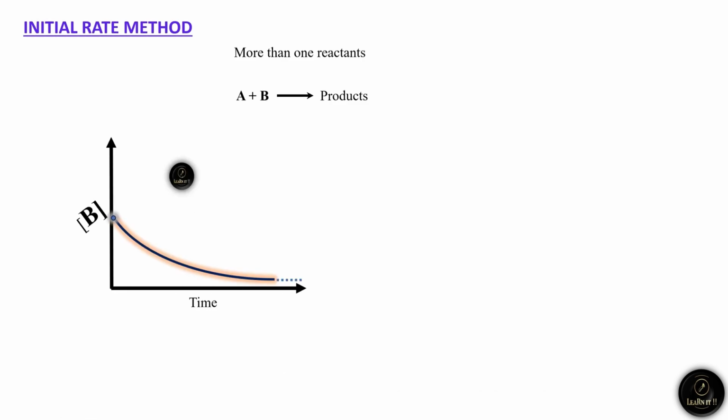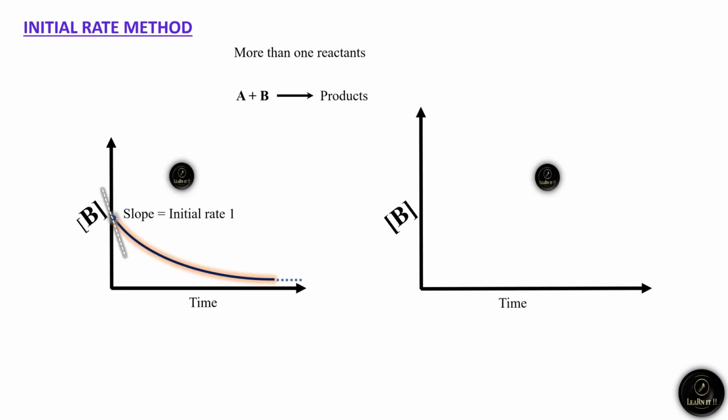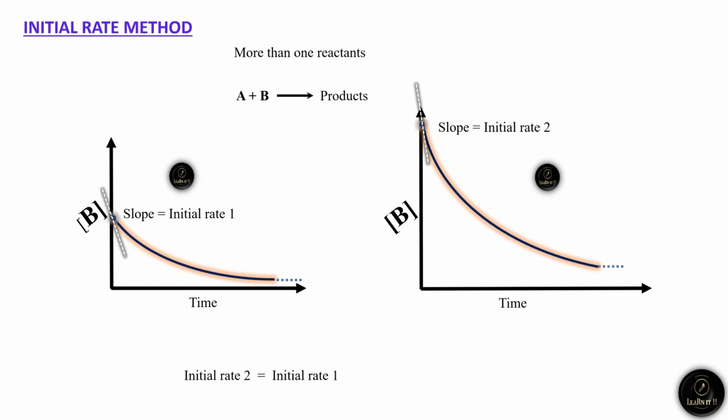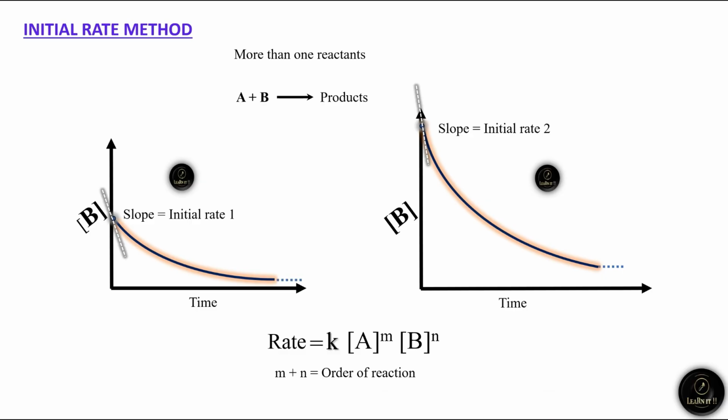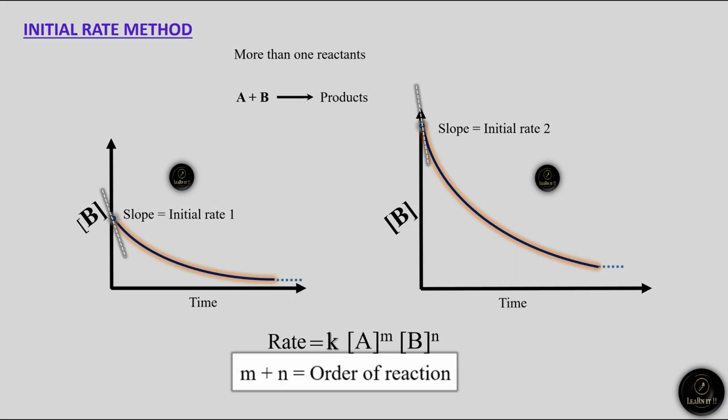The order with respect to B is calculated by keeping the concentration of the reactant A constant and repeating the procedure. The order with respect to A and the order with respect to B are added so as to get the order of the overall reaction.